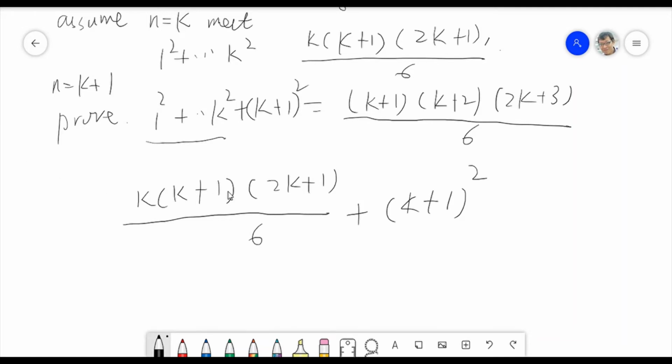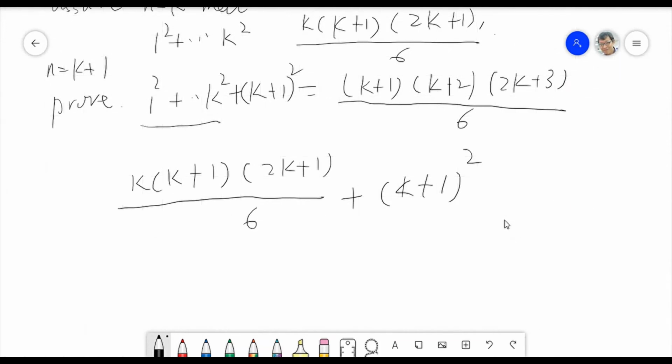So what we need to do is prove that these two items will finally equal this one, by the right formula. Because this is already assumed right, and then it's plus 1. If this one is equal to this one, then the proof is right.